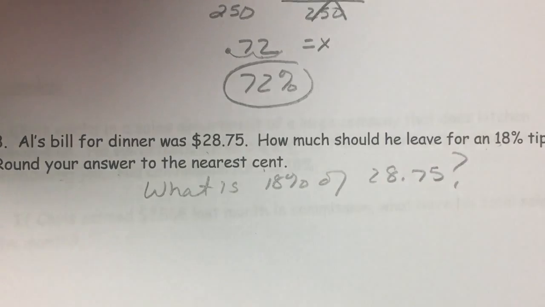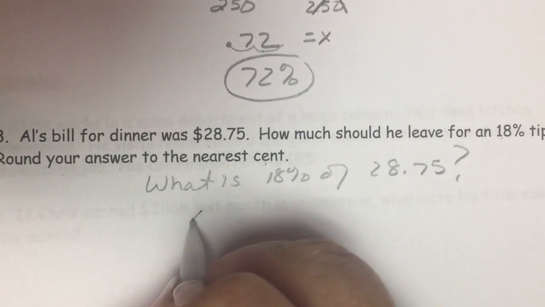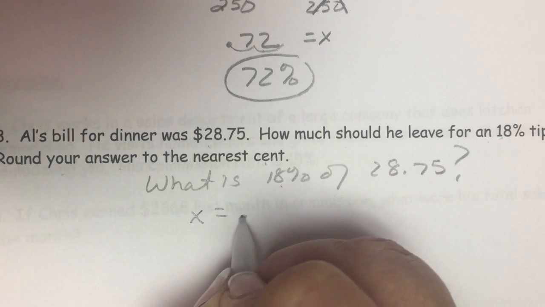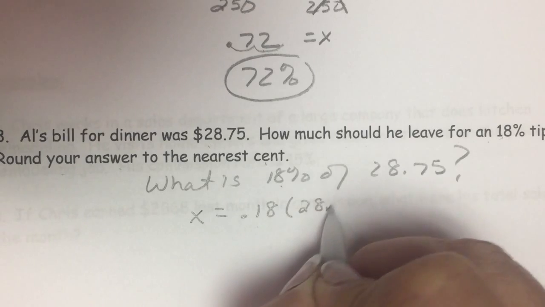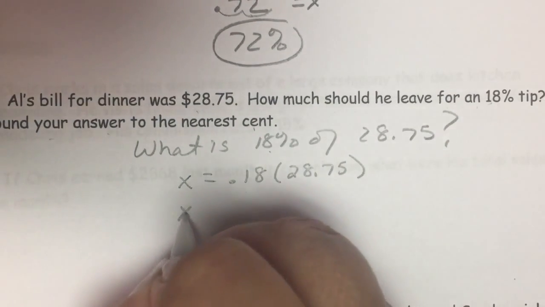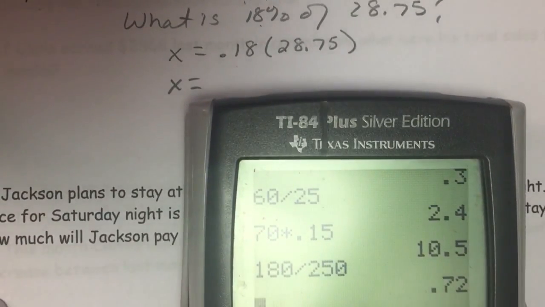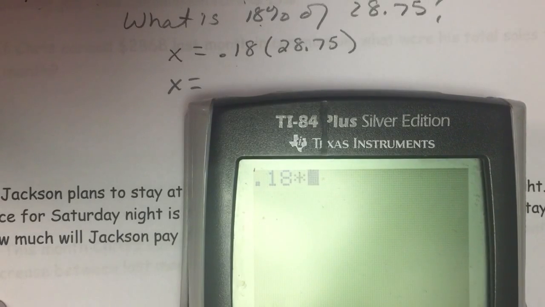Well, X equals, now remember 18%, we have to make it 0.18 times 28.75. The X is alone, so this is just a multiplication problem. Let's plug it into our calculator: 0.18 times 28.75.